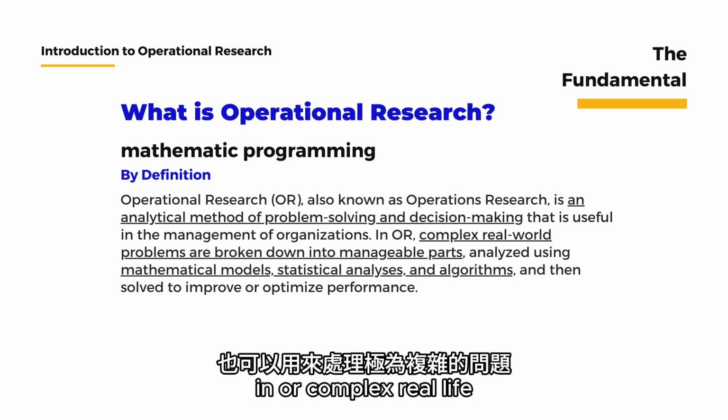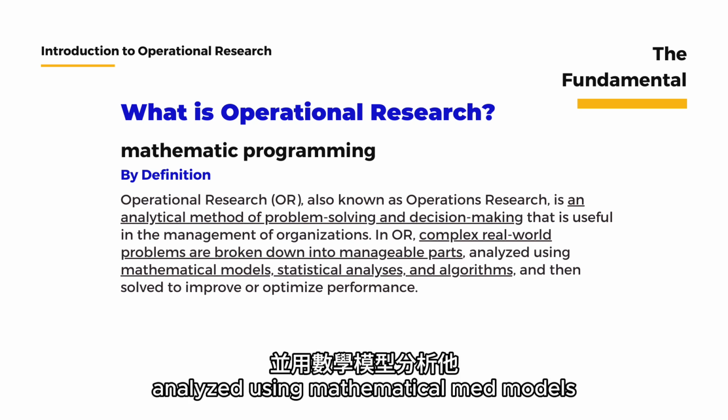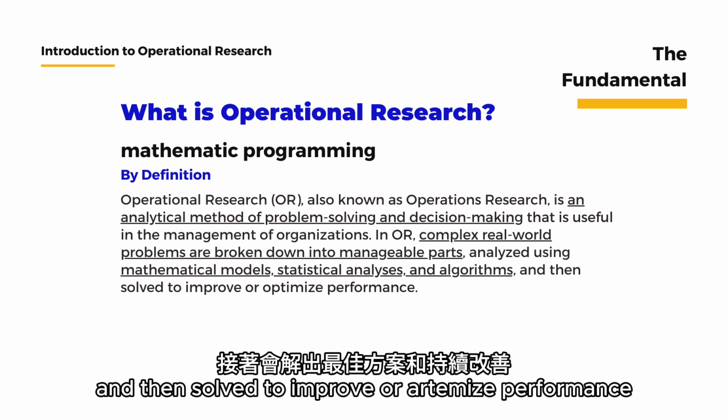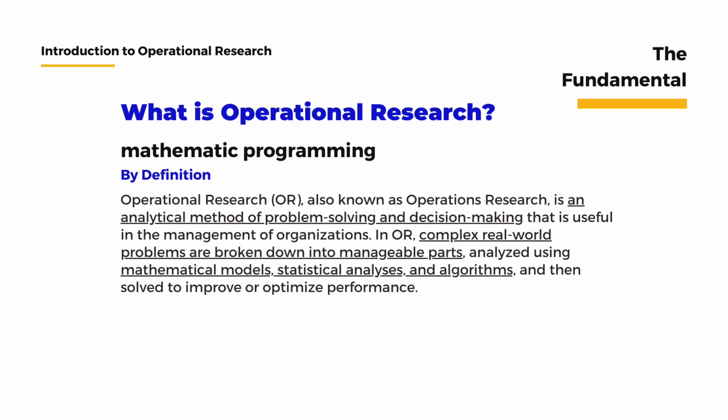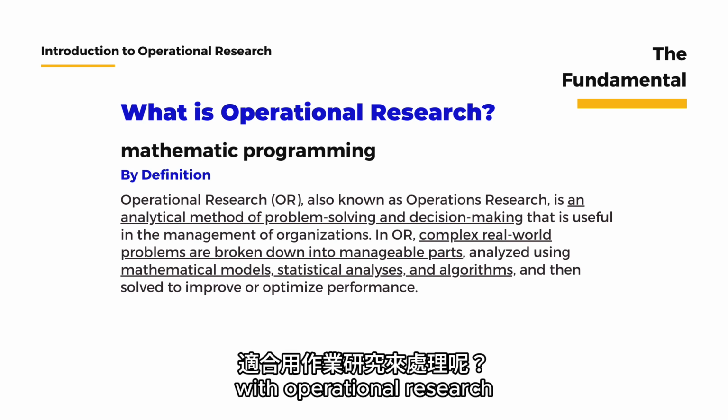In OR, complex real-life problems are broken down into manageable parts, analyzed using mathematical models, statistical analysis, and algorithms, and then solved to improve or optimize performance. So what kind of event or activity should we use operational research with?